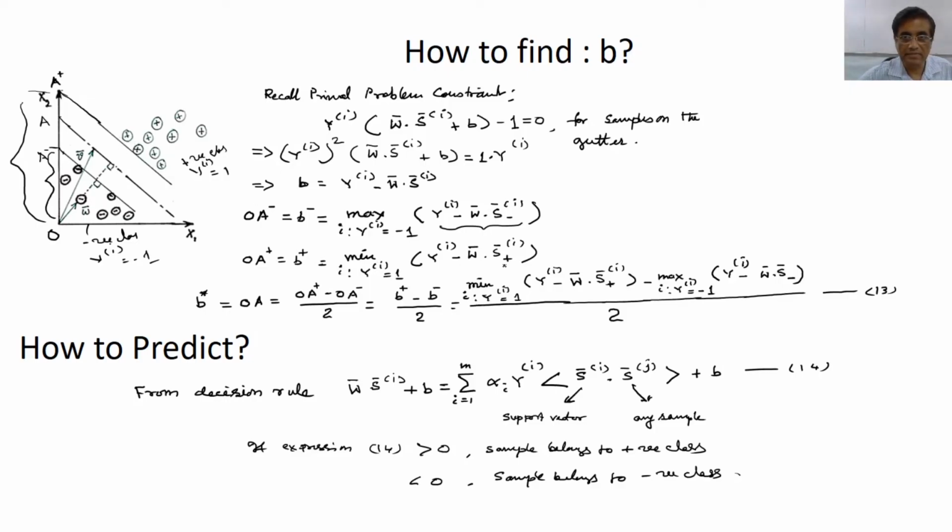This is the positive sample, this is the negative sample, and these are the support vectors lying on the gutter. You take the maximum value for B minus and the minimum for B plus, and then the optimum B will be in between them, that is, (B plus plus B minus) divided by 2, because it is half, as I told you.